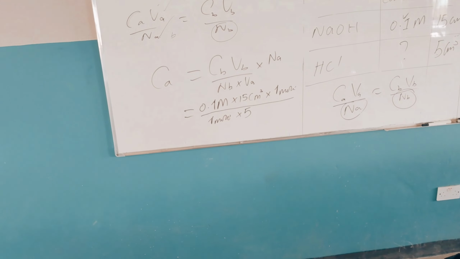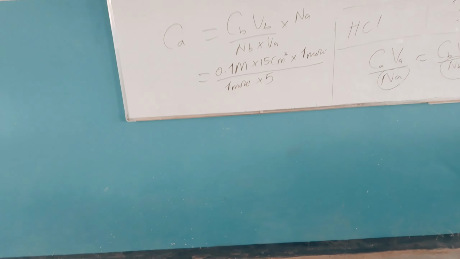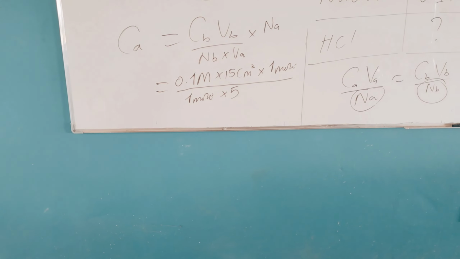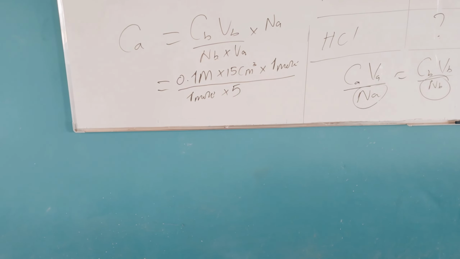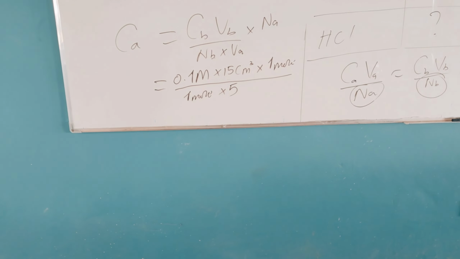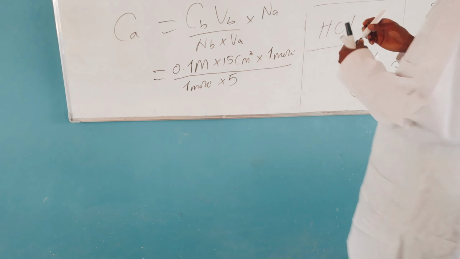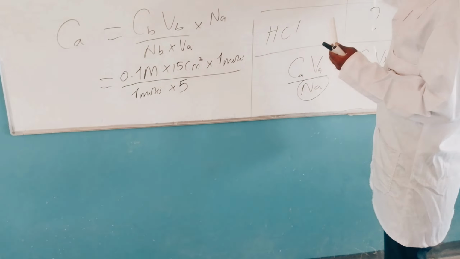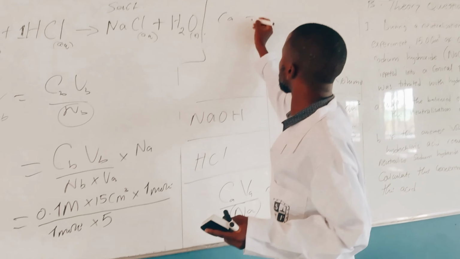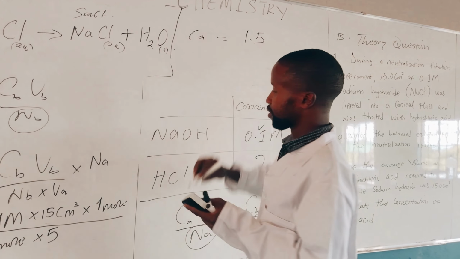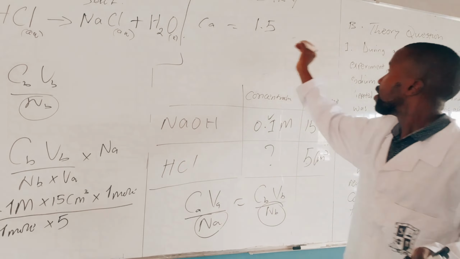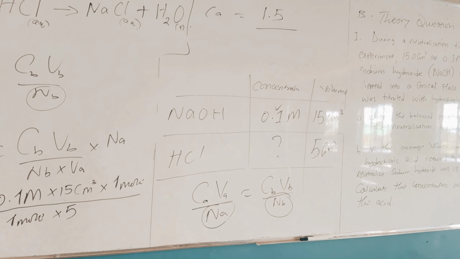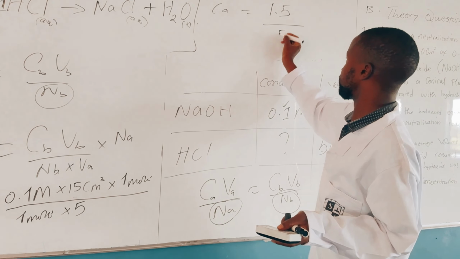So now let's see the concentration of the acid. Using the calculator, punching in the digits: 0.1 multiplied by 15 multiplied by 1 gives us 1.5. Divide by 1 times 5, which is definitely 5.